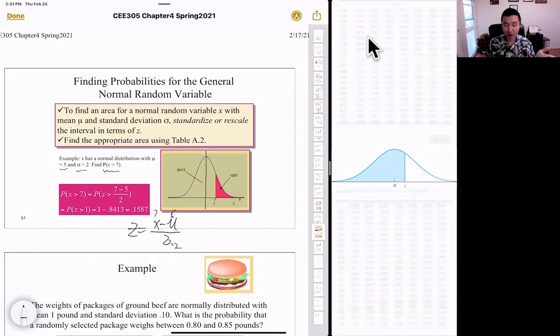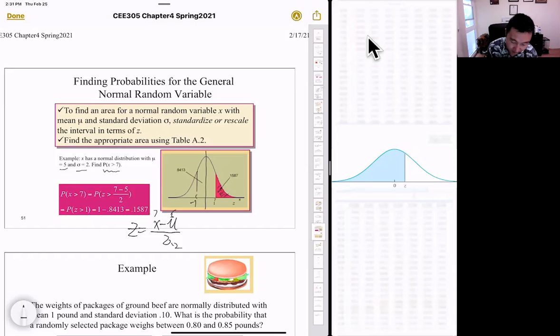If the z-score, for example, is minus 1, this is 1 standard deviation smaller than the mean, which will be here, minus 1. So we want the probability of x larger than 7, which is on the right hand tail of the z.